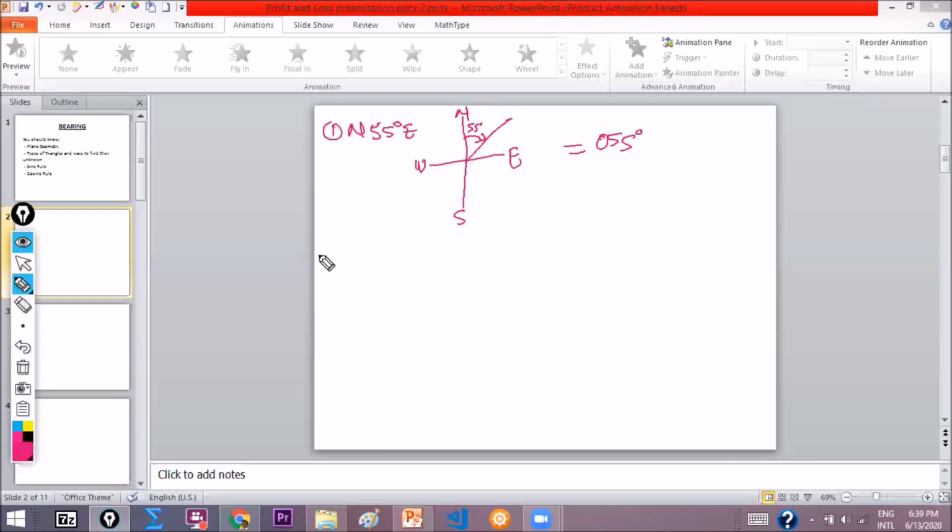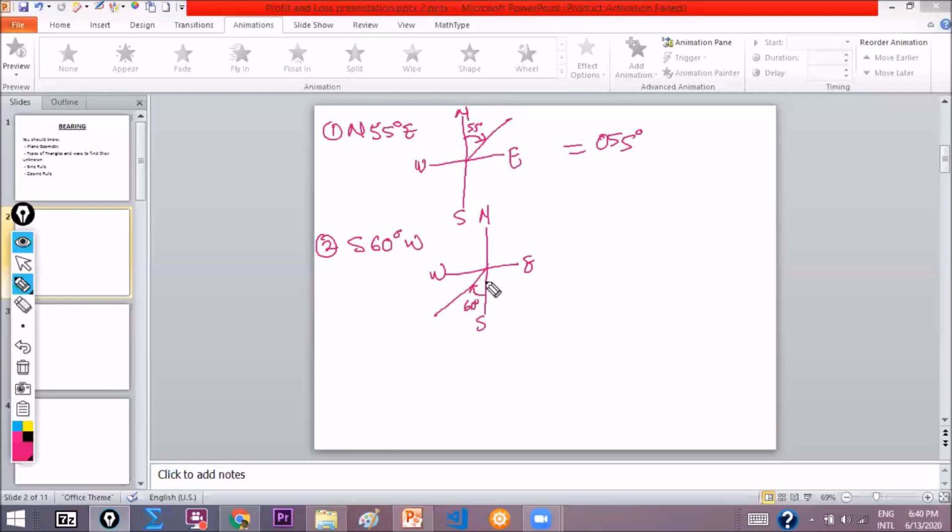Now for the second one, let's say we have south 60 degrees west. Let's draw it out on our cardinal points. We have our north, west, south, and east. It says southwest, so from our south going to the west, this is 60 degrees.